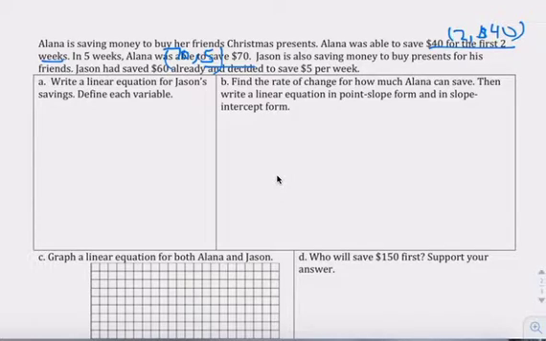Jason is also saving money to buy a present for his friends. Jason already saved $60 and decides to save $5 a week. Write a linear equation for Jason's savings, okay? Jason's savings is he already has $60 in the bank, and he's going to put more towards the pot, $5 per week.